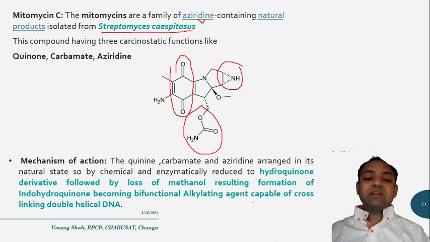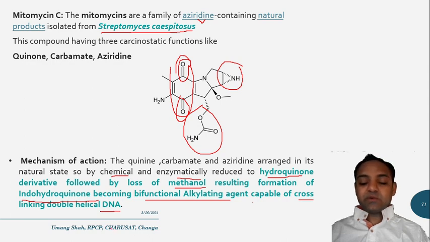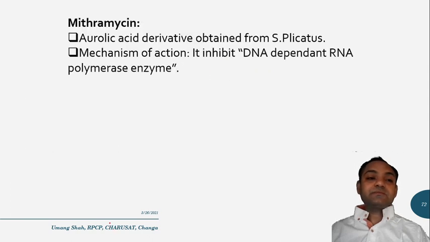These three structural features are arranged in its natural state and then biochemically and enzymatically reduced to a hydroquinone derivative. Hydroquinone derivative means this quinone C double bond O is reduced to hydroxy groups, followed by loss of methanol, resulting in the formation of the leuco-aziridinomitosene indolehydroquinone. Okay, once this is formed, it acts as a bifunctional alkylating agent and is capable of cross-linking the double helical DNA, and in this way inhibits DNA synthesis.